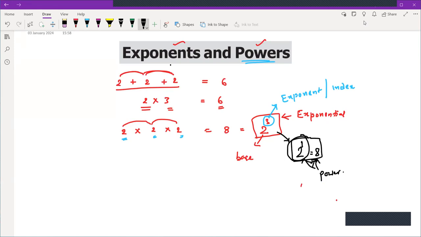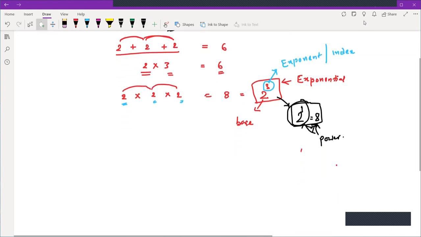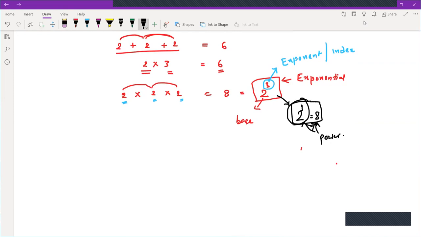So this is the main concept of exponents and powers. So we'll use some standard results of exponents. Suppose we take a variable also, let us multiply 2x into 2x into 2x into 2x.